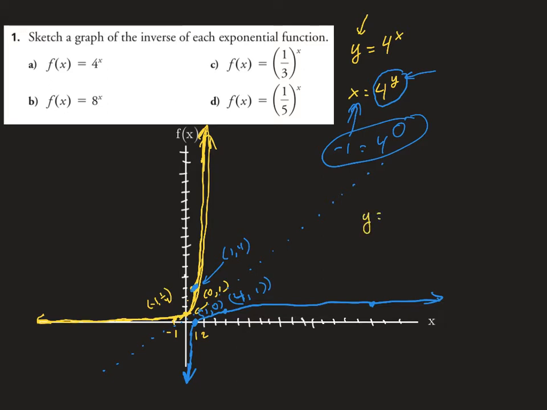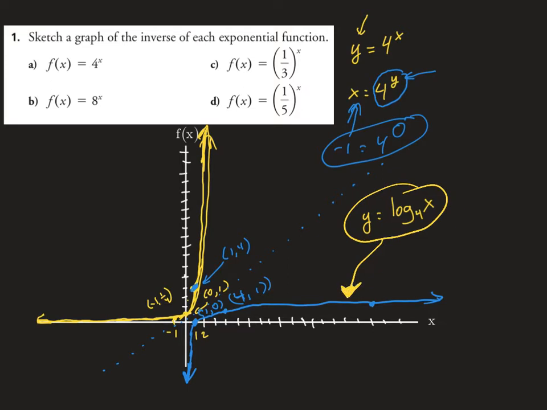Now the other way to write that, which is a new thing we're introducing now, is y equals the log with a base of 4 of x. And that is also another way to write the equation of this new function right here.